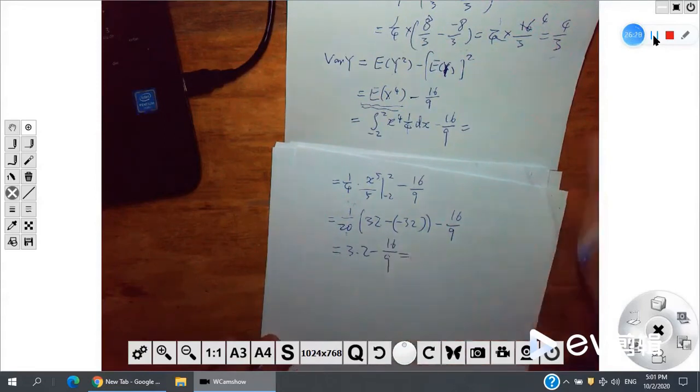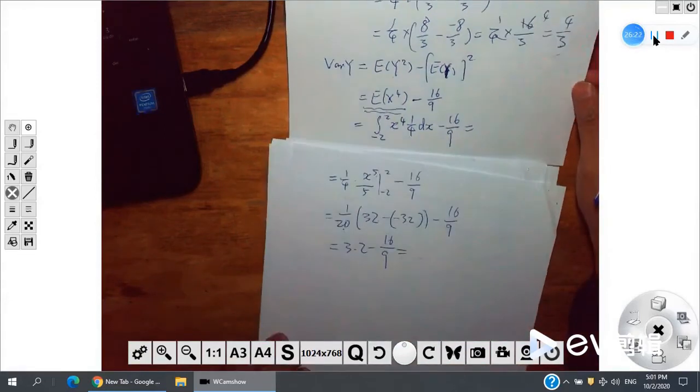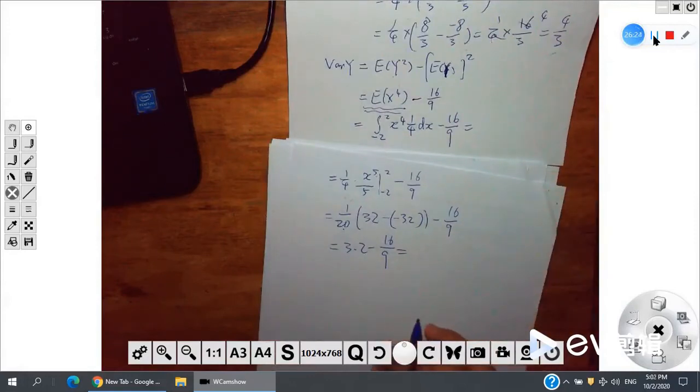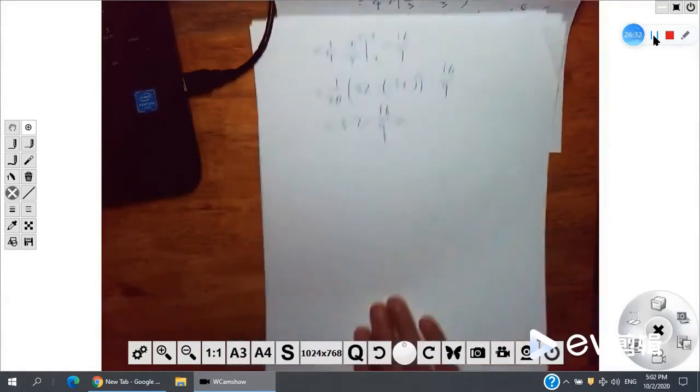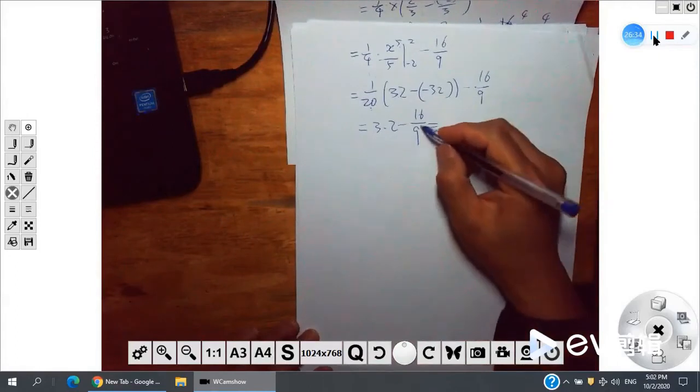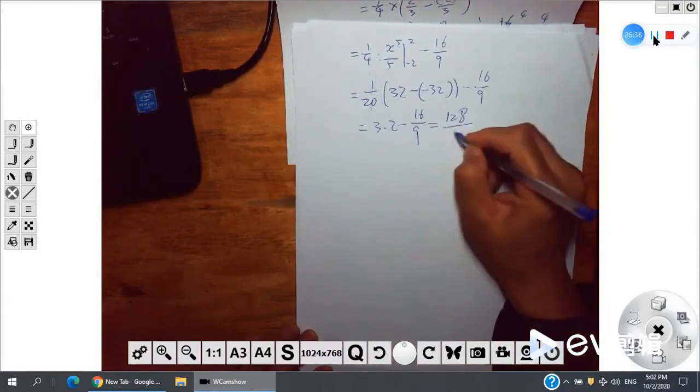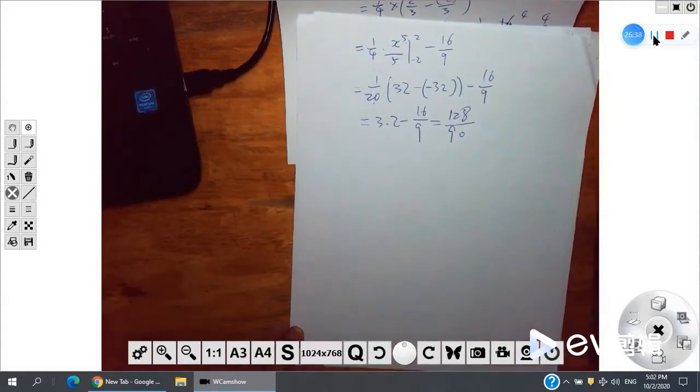That will be the same answer, the same as the previous way. Where is it? Sorry, I lost that paper. You should just remember what we just finished. That will be 128 over 90.